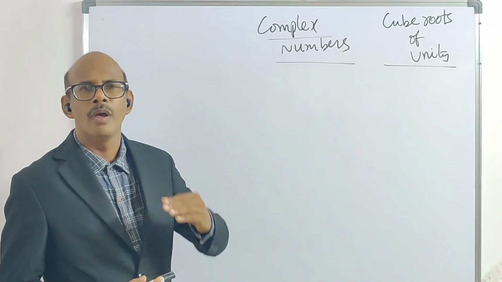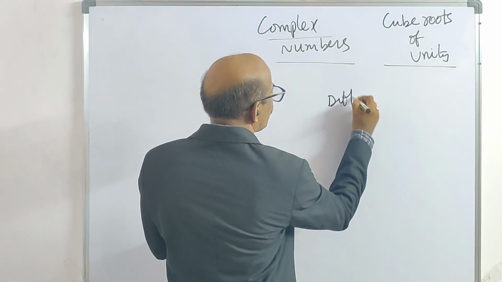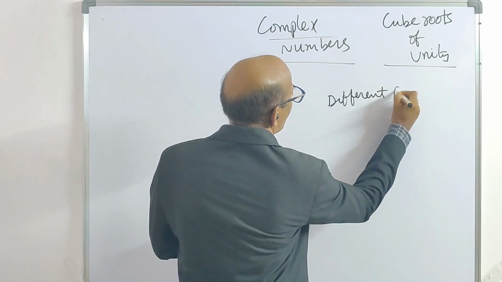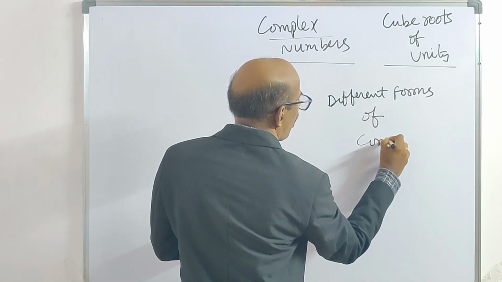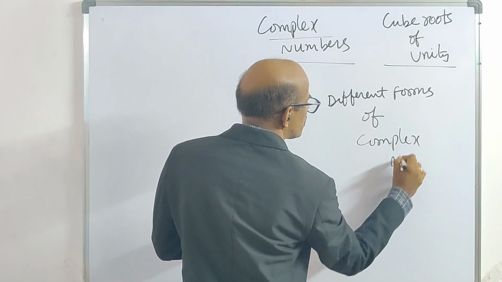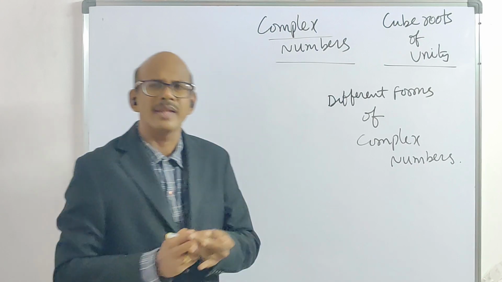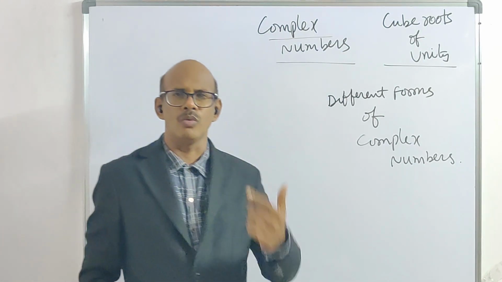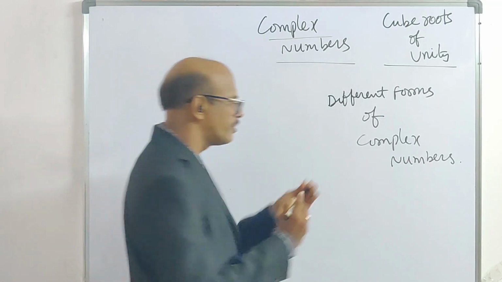Now, in the last video, different forms of complex numbers were given. I think you know very well, if you watched the last video, you have an idea of the 10 forms given.